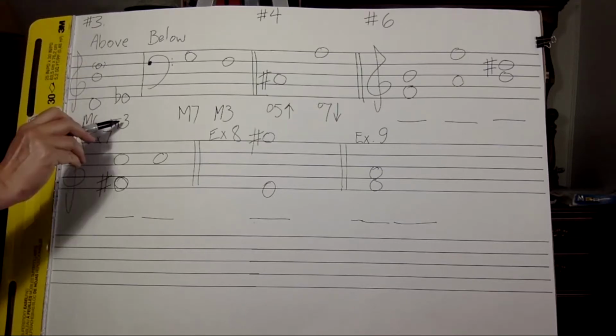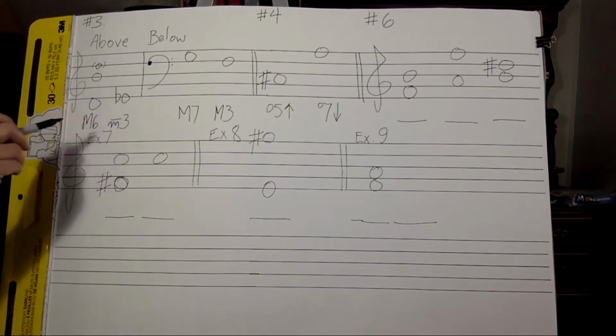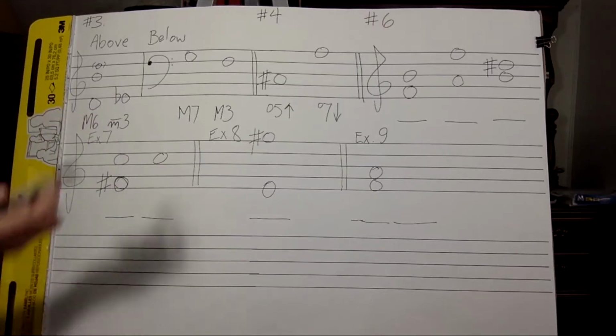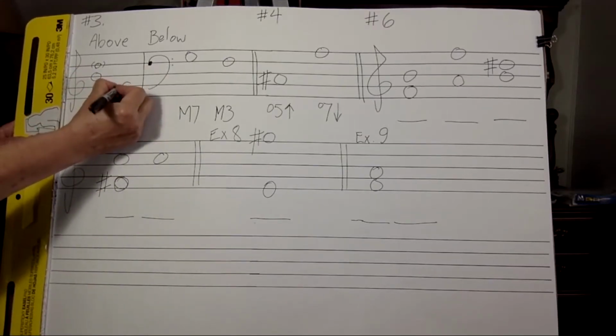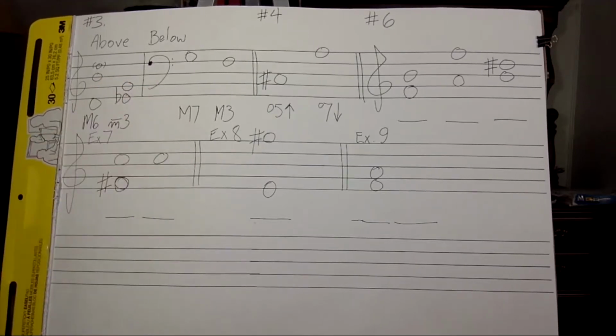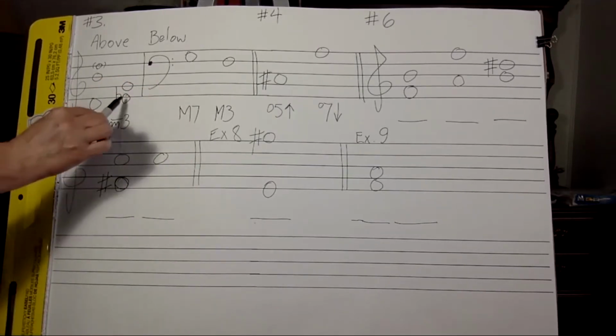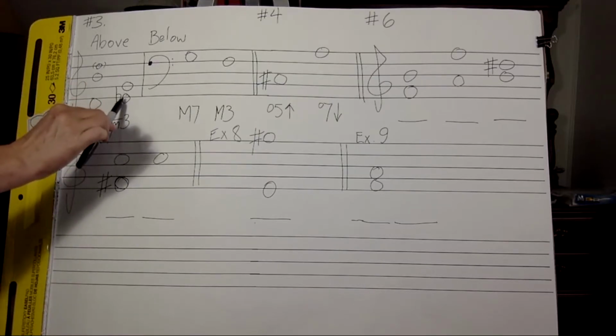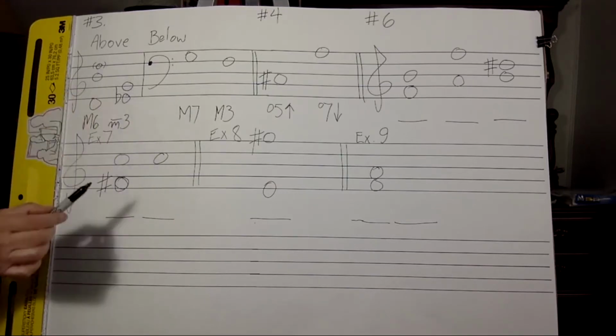The second construction problem above the given note is a minor 3rd above E flat. So the first thing we do is we write the note head there. And I see that this is not a minor 3rd, this is a major 3rd, right? It's a whole step from E flat up to F. It's then a whole step from F up to G. So 2 whole steps makes this a major 3rd.